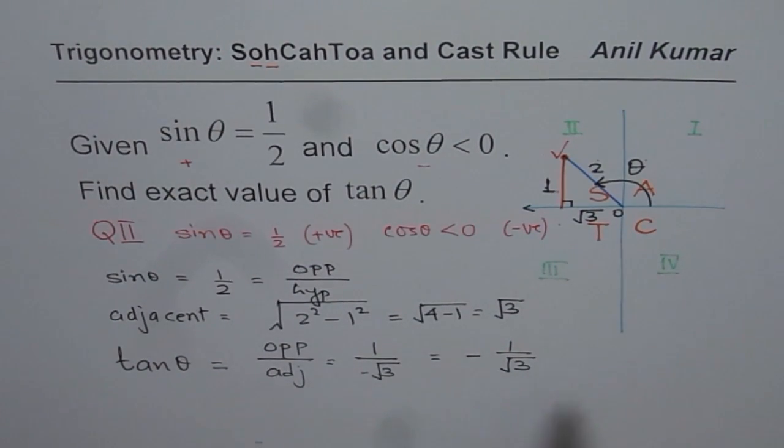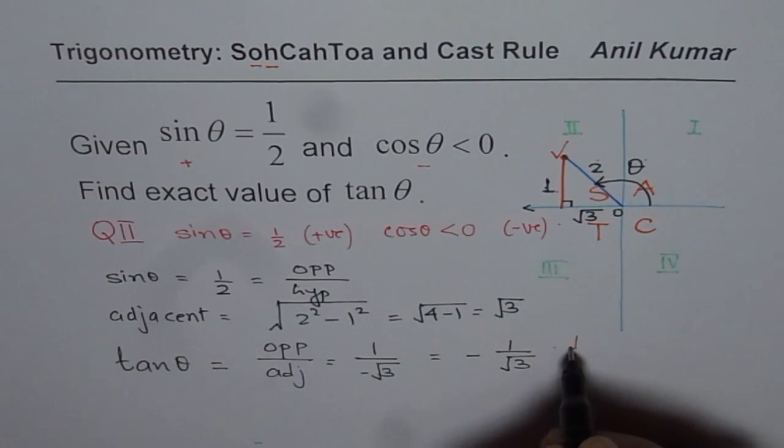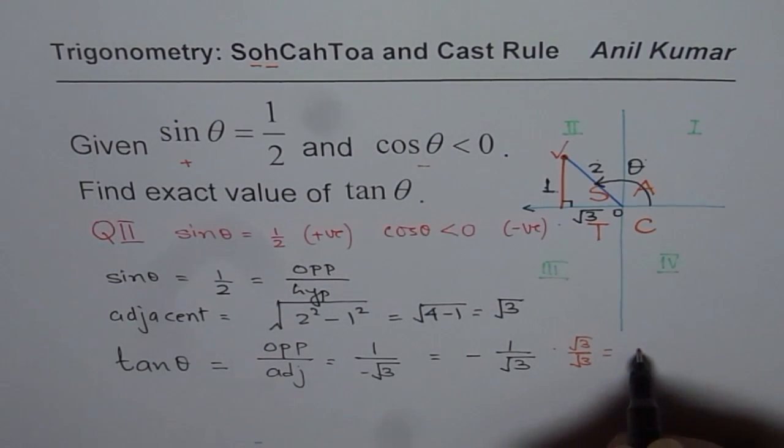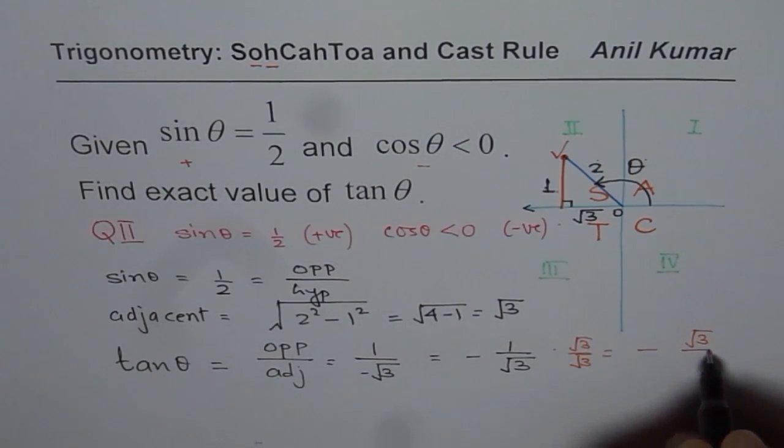Now at times we do write answers with the denominator rationalized. That means we prefer not to write a square root in the denominator. So in that case we can rationalize this. So let me show you rationalization also. You could write like this also, but we prefer this. So I'll multiply and divide this by square root 3, and that gives us negative square root 3 over 3, right?